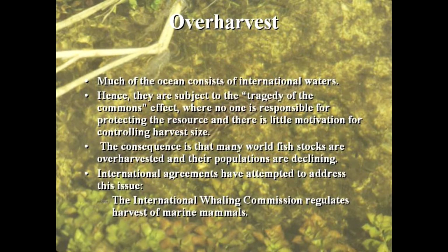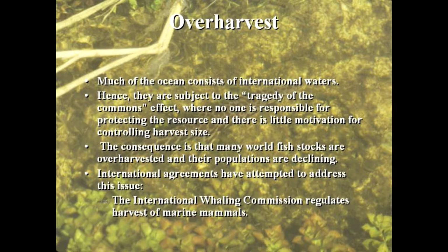This brings up the issue of overharvest. With a steadily increasing rate of removing marine organisms from the ocean, we can expect that at some point the populations of these organisms can't keep pace with their rate of harvest.